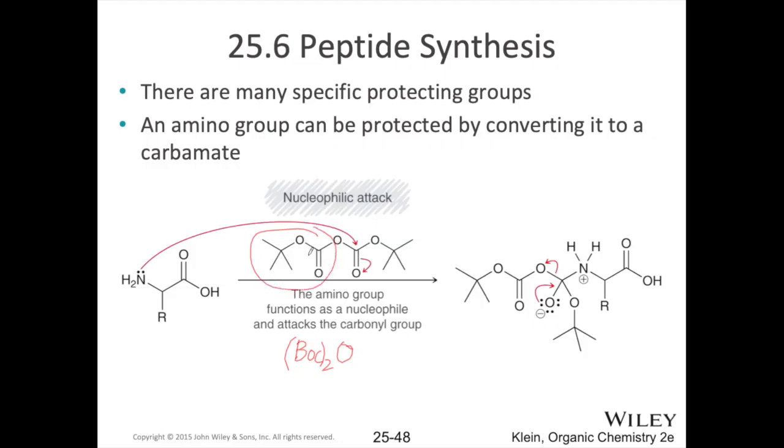Okay, so it's a tert-butoxycarbonyl. All right. So what we have going on here is that our amine attacks the carbonyl of this BOC group. And when this carbonyl reforms, it kicks off the other BOC group, taking the oxygen with it.